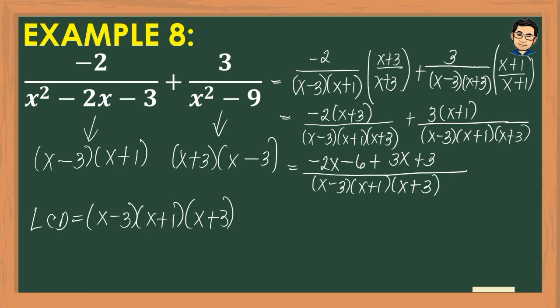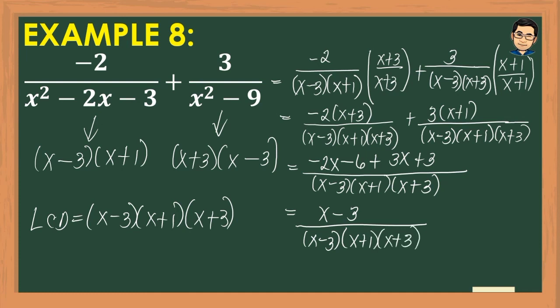So, and then we combine like terms. Negative 2x plus 3x, that is x. And then negative 6 plus 3, that is negative 3. So, x minus 3 all over x minus 3 times x plus 1 times x plus 3.